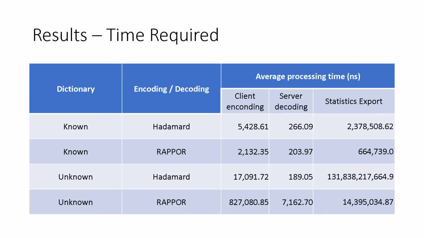Here we have the average processing time for each step we discussed before. Encoding a report on the client device, receiving this report on the server, decoding it and storing it somewhere, and exporting statistics when a large number of reports has been stored on the server.